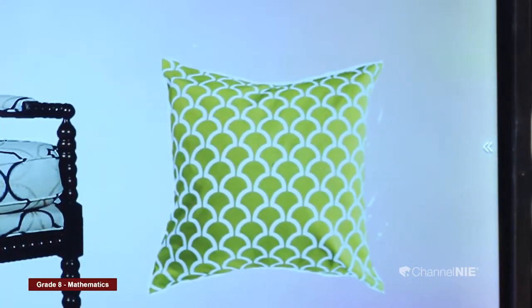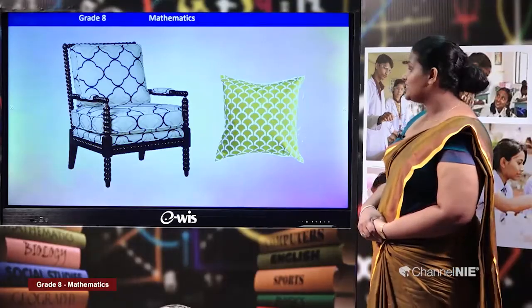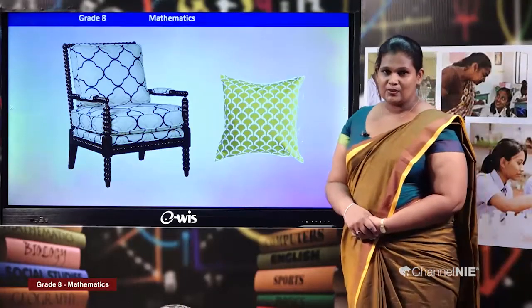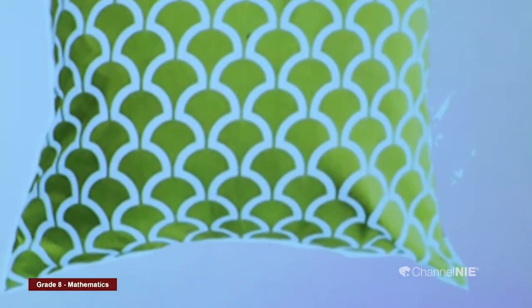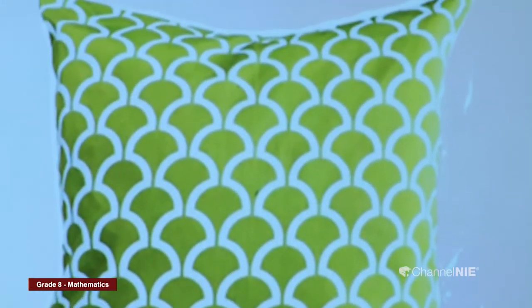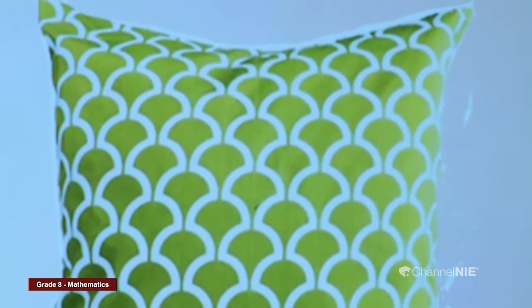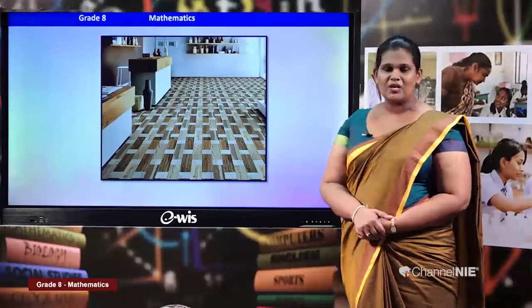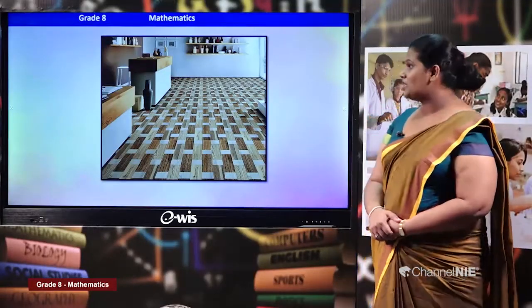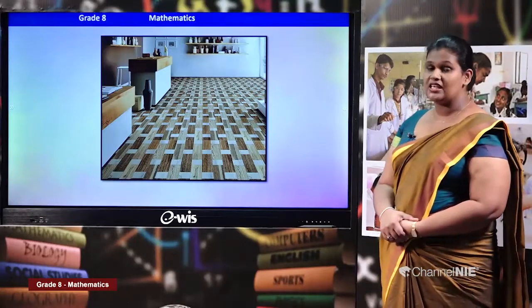Isn't that so? So, now look at the second one. What is that? Yes, it is a cushion. Isn't that so? So, they have used a material with a beautiful pattern. So, are these tessellations? Have you gone through these in your day-to-day life? Think a little bit. Now, what are these? Here in this picture we can see a kitchen.